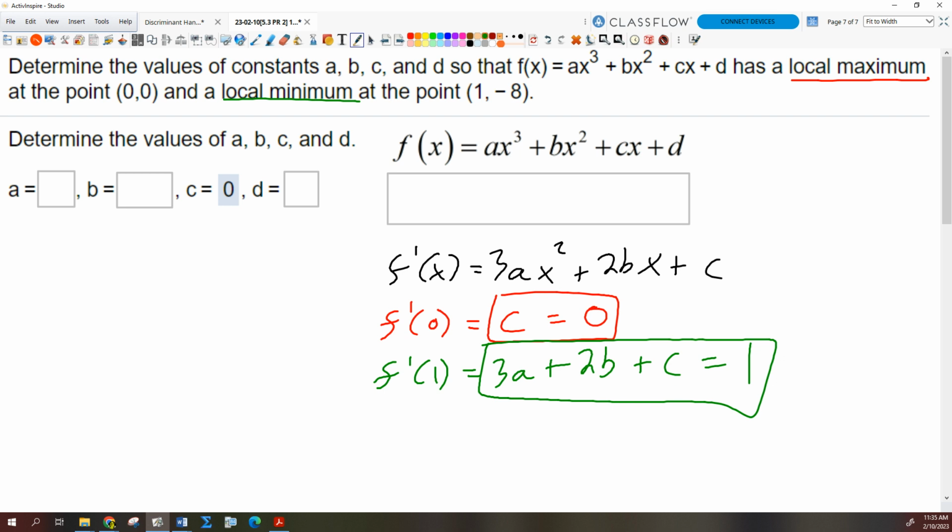We need two more equations. So we need some specific information, I guess, right? Because we were told where there were extrema, we knew the value of the derivative at two different x values. Do we know anything else?